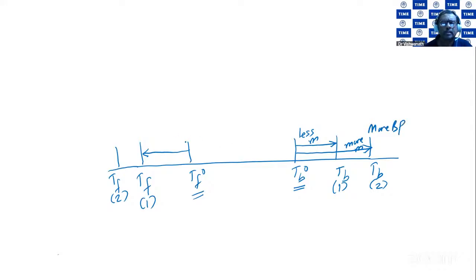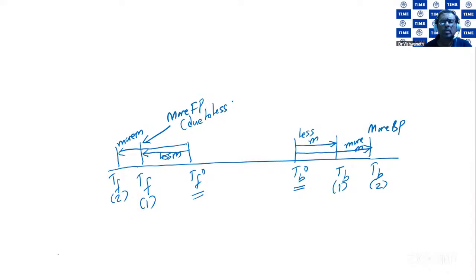Here, look at this. This is less m. This is more m, and this is more freezing point. More freezing point due to less m.